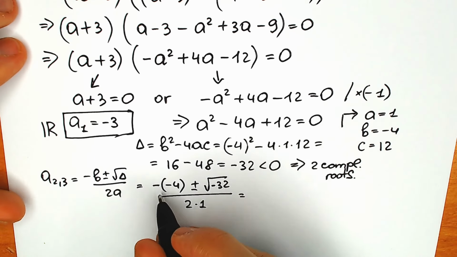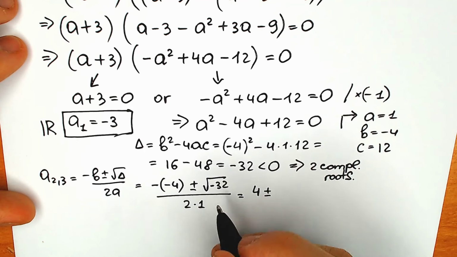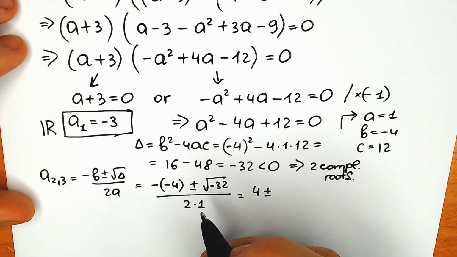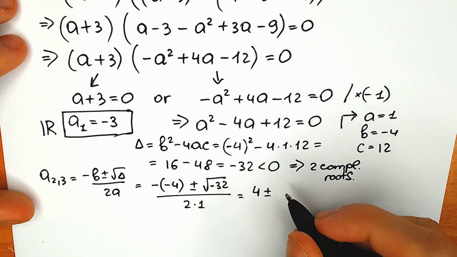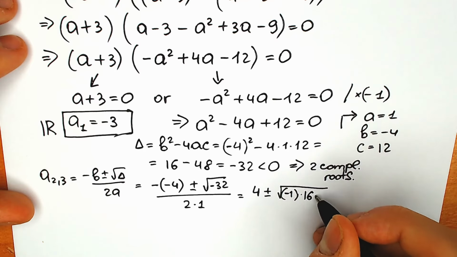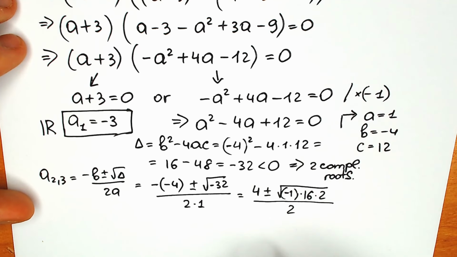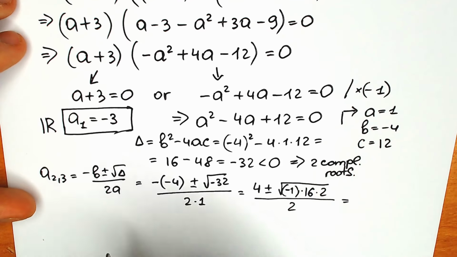Right here, what do we have? Minus, we have plus right here, so we have only 4 plus minus. Square root of minus 32, we can write as a product, so 8 times 4 or 16 times 2. Let's choose 16 times 2. So we have minus 1 in the beginning, times 16, and times 2, all over 2. Really great.